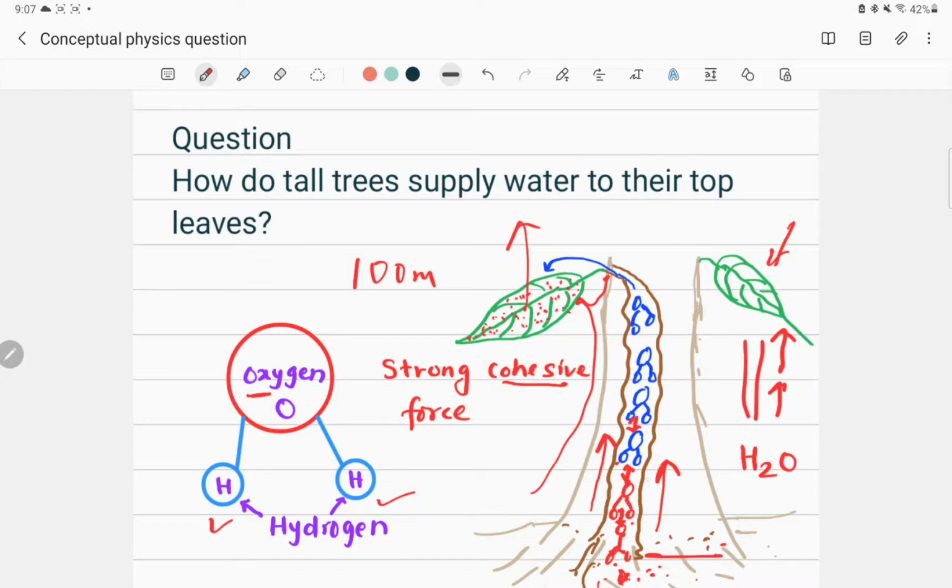They need more water, and here is a lack of water, and the cohesive force will bring water from the bottom of the tree to the leaves. And this force is responsible to transport water or liquid from the very bottom of the tree, from the root of the tree, to the leaves.